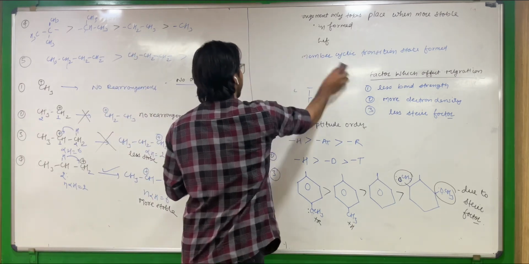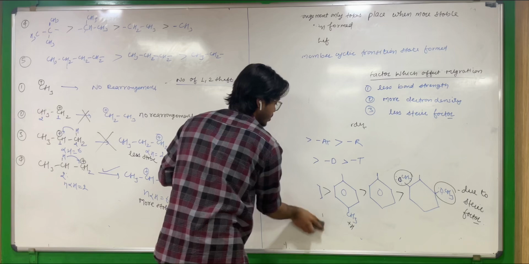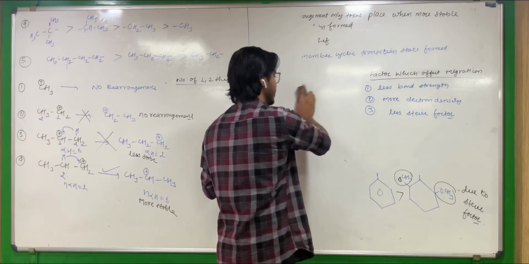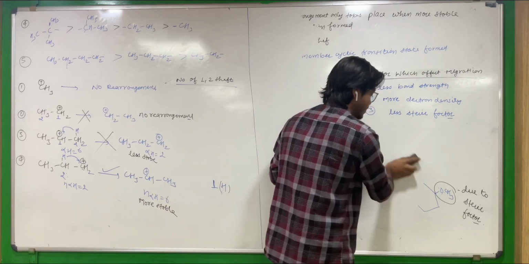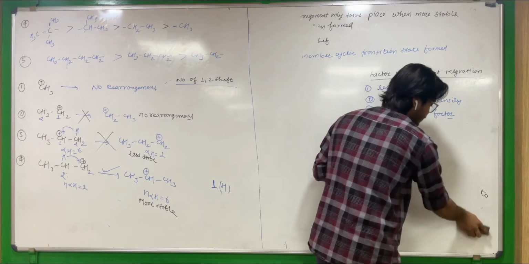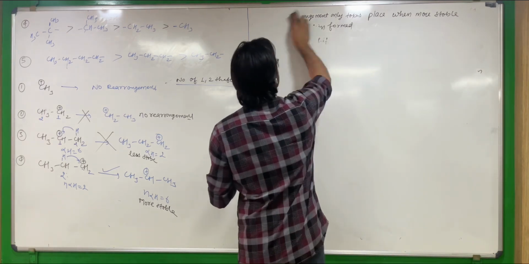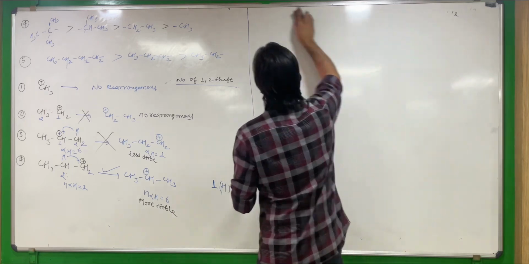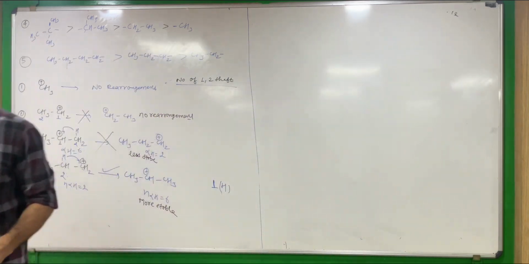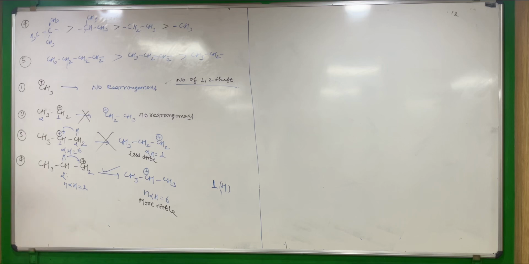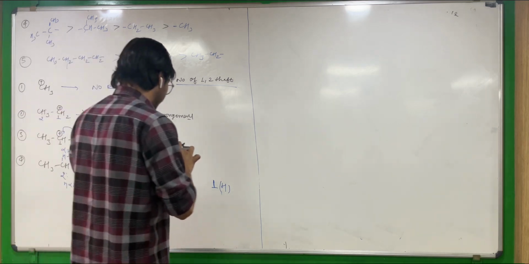Now I will give you some examples and you have to do them by yourself. You have to tell if rearrangement is possible or not, and if rearrangement is taking place, how many 1,2 shifts will take place in that case. So I am giving you some examples. 4th, 5th.